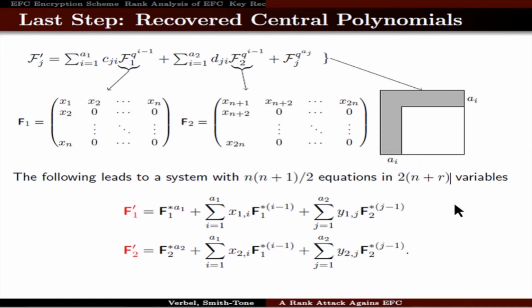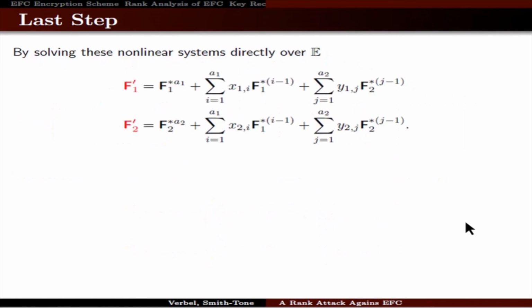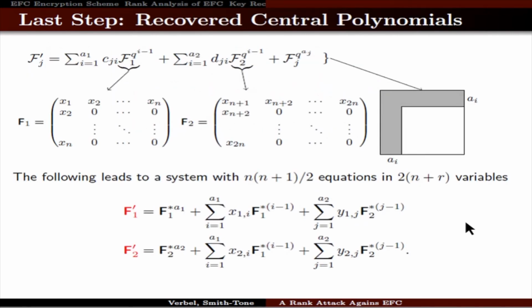And the system is nonlinear. You have powers of Q in here. So it's not a linear system, and we don't know the complexity of solving that system, but we experimentally solved such a system for the proposed parameters in the original paper of extension field cancellation, and the resolution of that system was really fast.